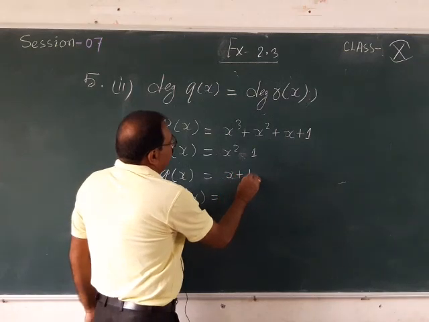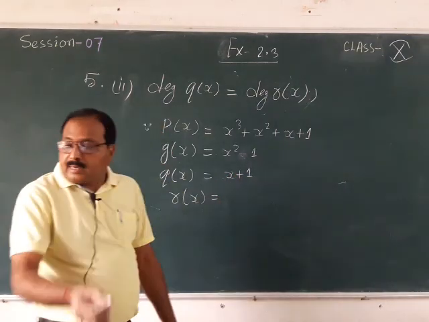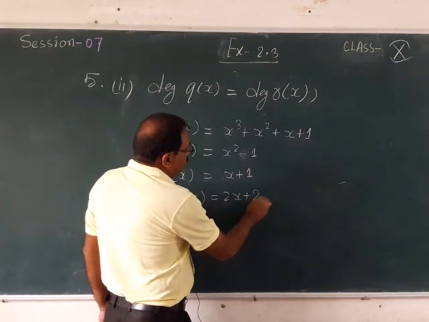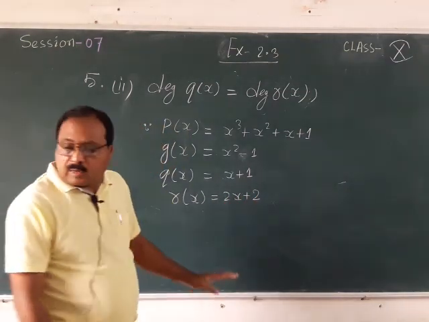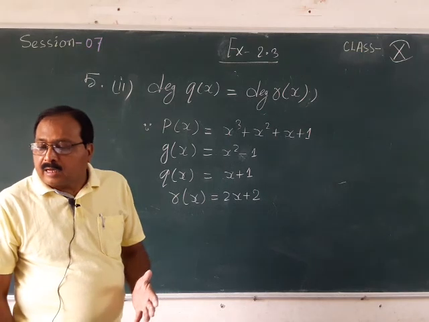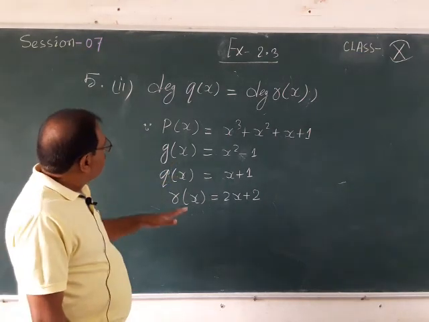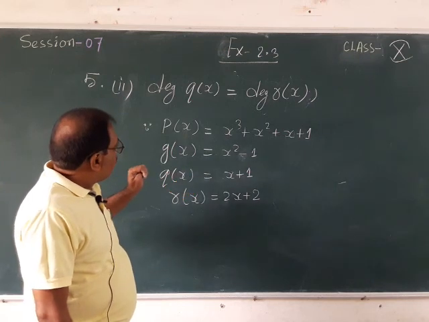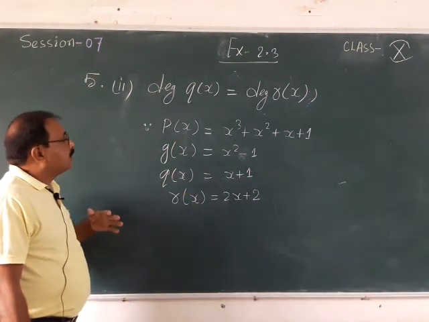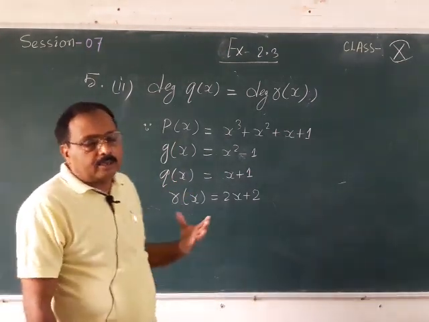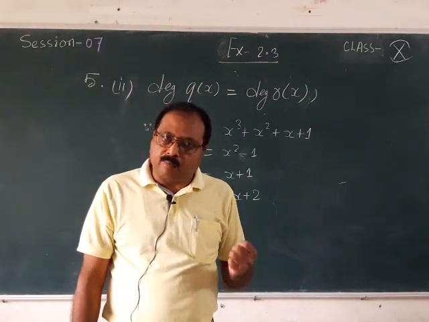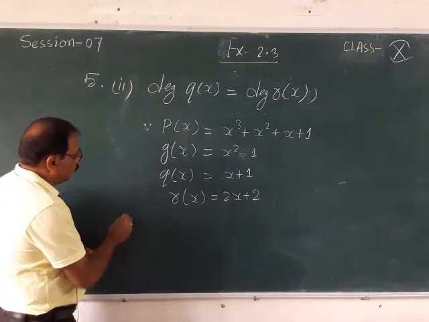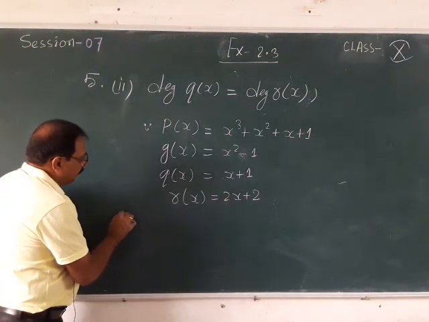Your quotient will be x plus 1 and the remainder will be 2x plus 2. Like that you need to write the answers, and here you have to think about the degree. Once again I am repeating, there are a lot of possible examples here. You can think and settle on your own answer for such a type of question.